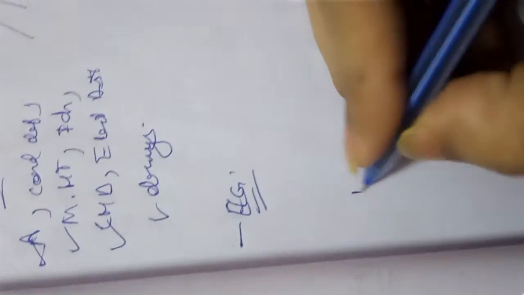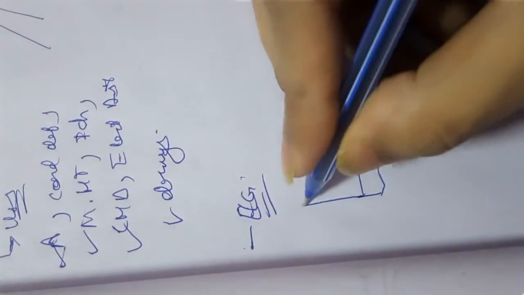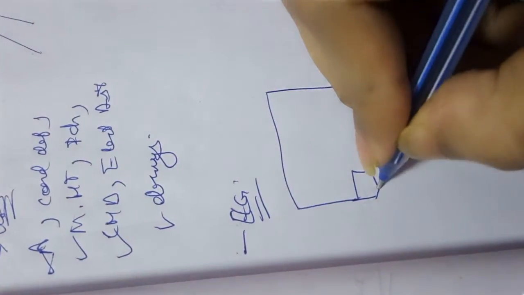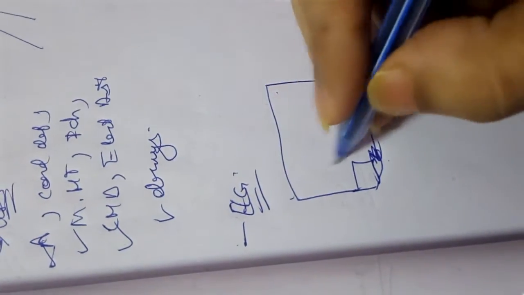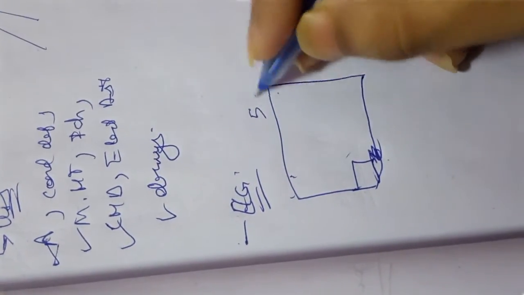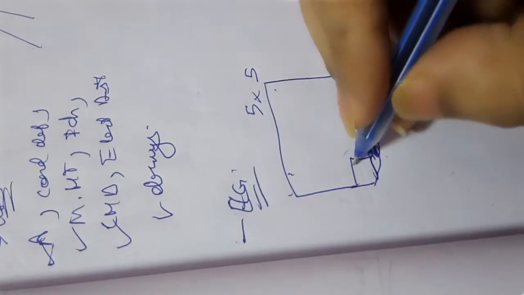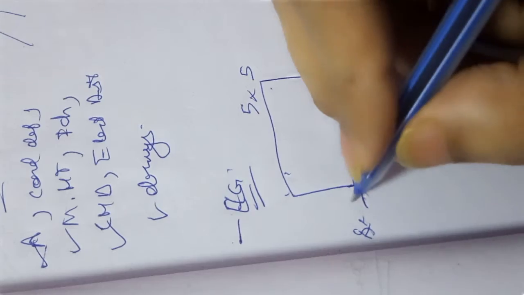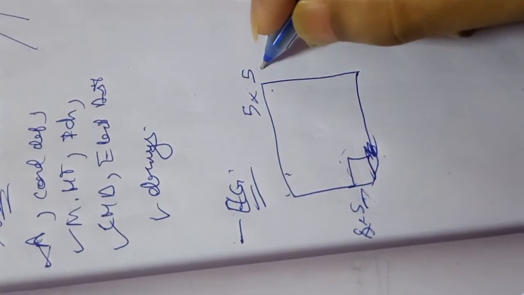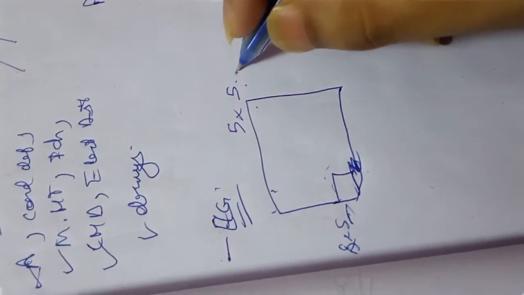Talking about the ECG paper, we have 1 mm boxes and 5 mm boxes. 1 mm boxes are separated by light lines and 5 mm boxes by dark lines. This is a box of 5 into 5. Here also we have 5 into 5. This is 1 mm. This is 5 mm.